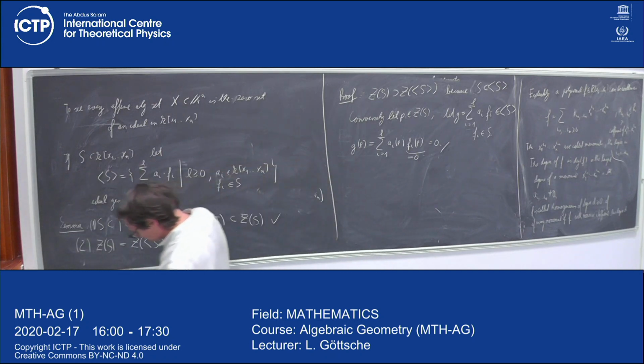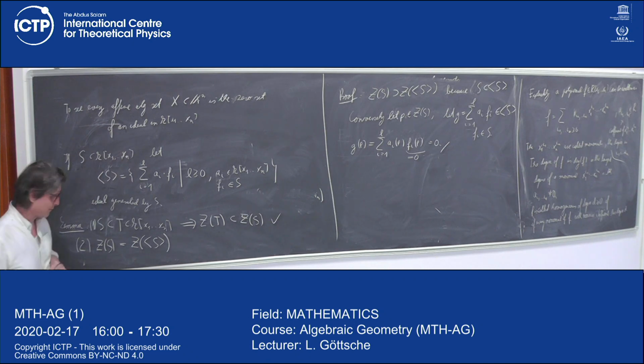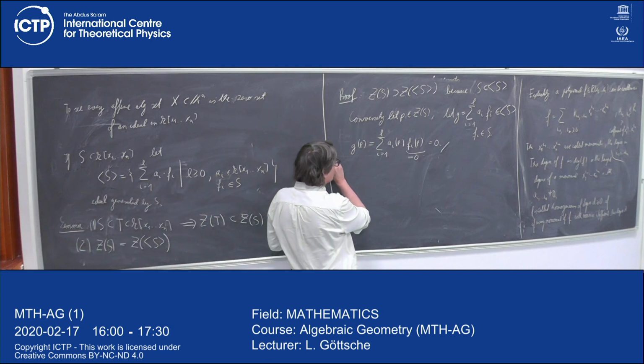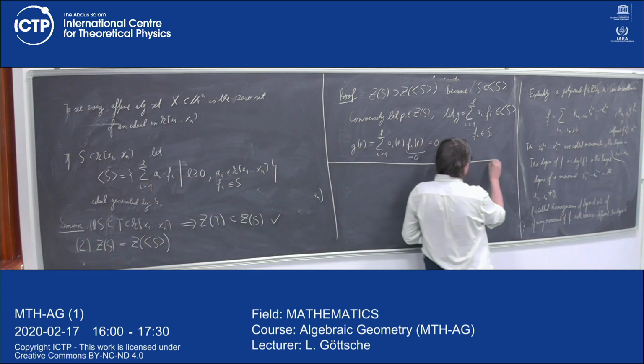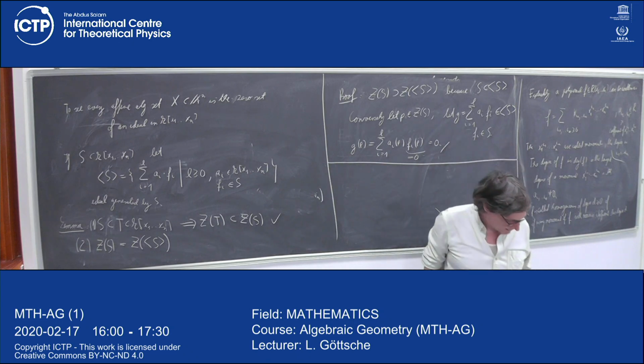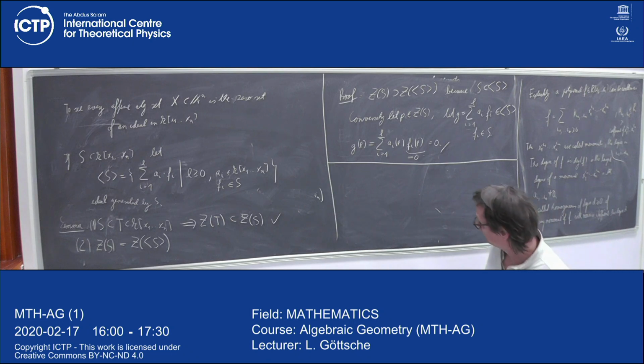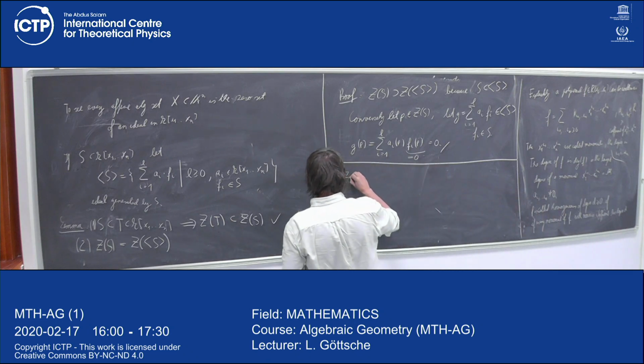We will see later that this has a number of crazy properties, but on the other hand, it turns out to be a practical language, because once you have a topology, you can talk about continuous functions and things like that. One should only keep in mind that we are not really doing very much topology. It's just a language, but it's a useful language. So it's the Zariski topology.